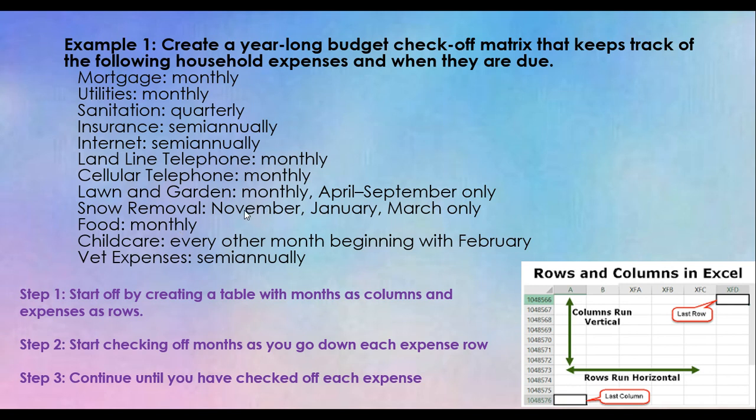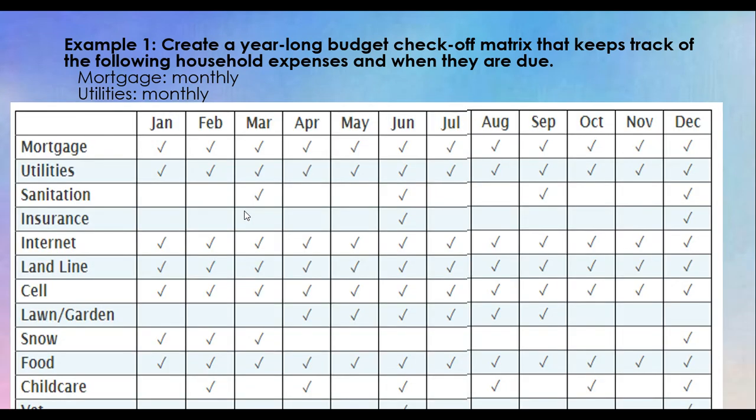Maybe I typed it incorrectly. Whatever. I'll have to go back and fix that. Food, obviously monthly. Childcare, every other month. And the vet twice a year. So June and December again, or January and July. Your choice on setting that up. But that's one easy way to set up a budget checkoff chart.